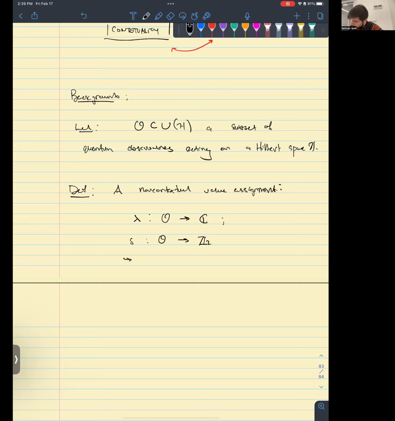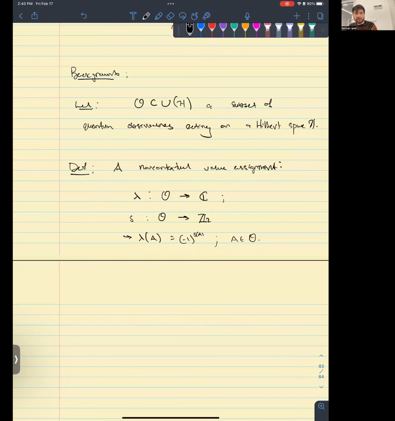That is, for every observable A, which has some eigenvalue plus or minus 1, we can instead write its S of A, which is going to be 0 or 1, where A is an element of the observables. It's just easier to work with zeros and ones instead of plus or minus 1.